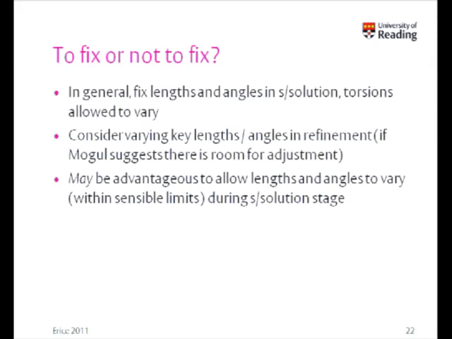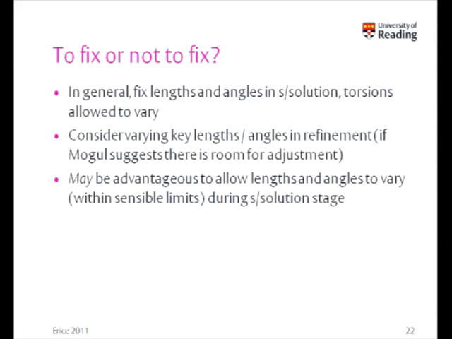In general, we can fix lengths and angles in a structure solution and just allow the torsions to vary. We can consider allowing lengths or angles to vary in the refinement if we think that there is any uncertainty over the starting value, or that our searches have shown that there's quite a wide distribution, or that the fit to the data isn't satisfactory with the model that we're using.